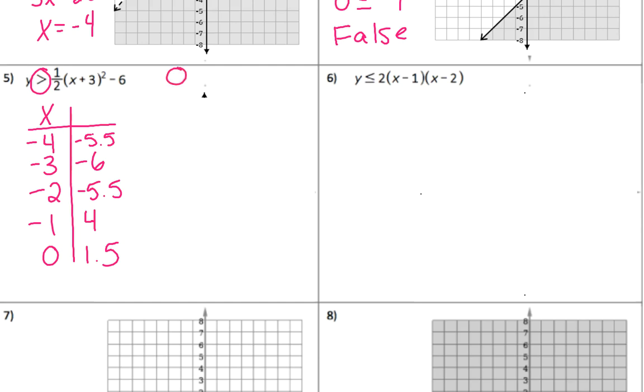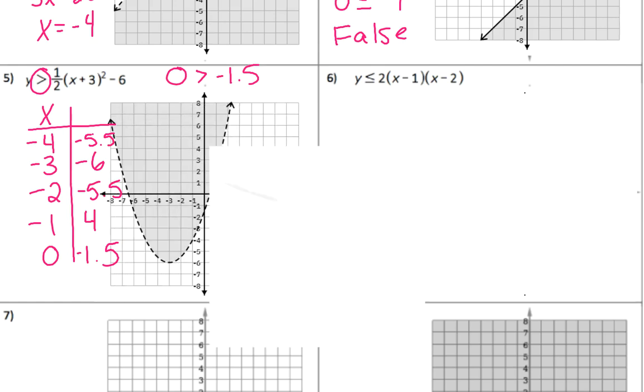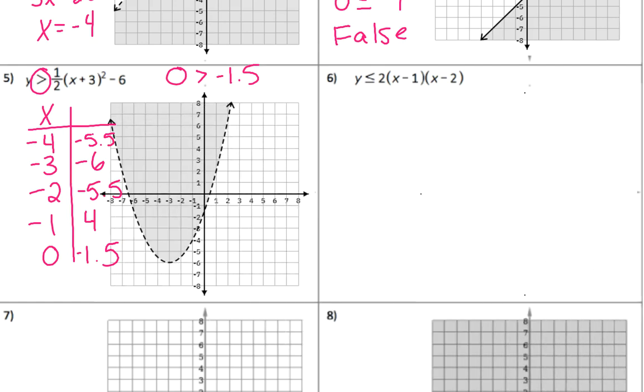If I plug in 0, remember we already kind of did this. When we plug in 0, we get out negative 1.5. And we know that 0 is greater than negative 1.5. So that means I'm going to shade towards 0, 0. So that's what my parabola would look like.